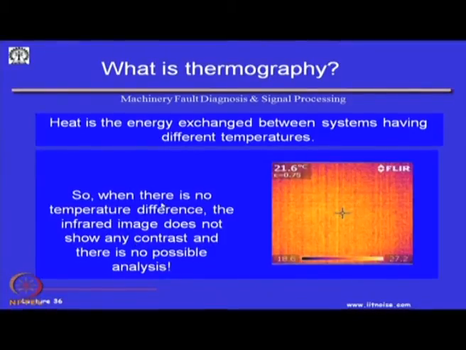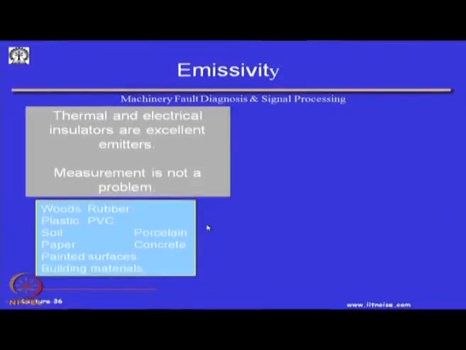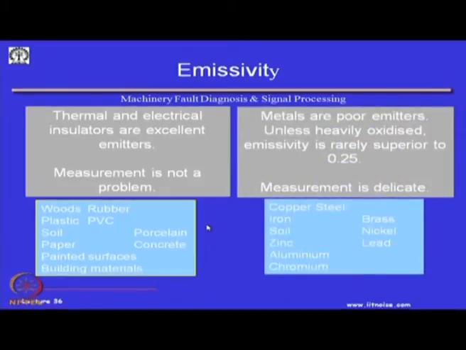So, if there is no temperature difference, I cannot find any contrast, and thus I cannot possibly do thermography. So, there has to be a temperature difference to find out any significant information. So, something about this emissivity.